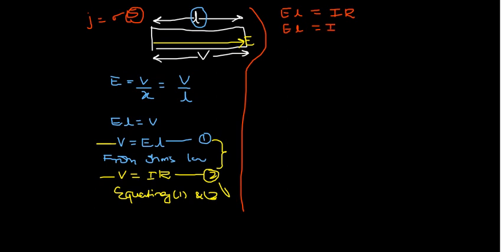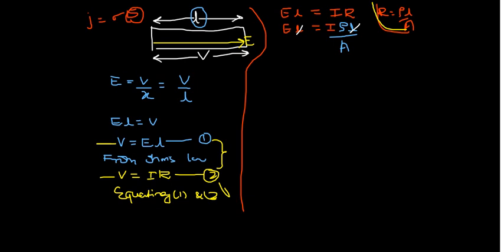Already we know that R is equal to rho into L by A. Therefore, instead of R I'll write rho into L, whole divided by A. On doing so, L and L will be cancelled off.